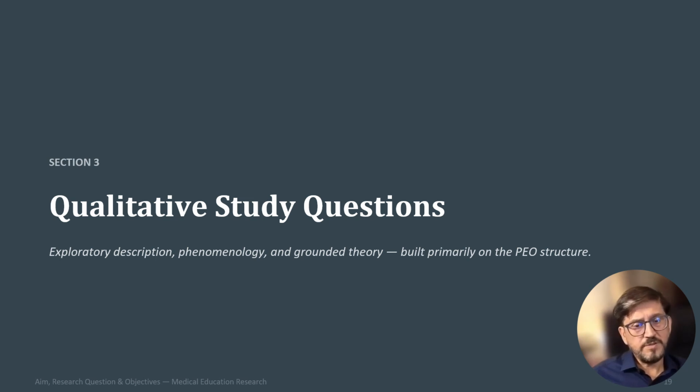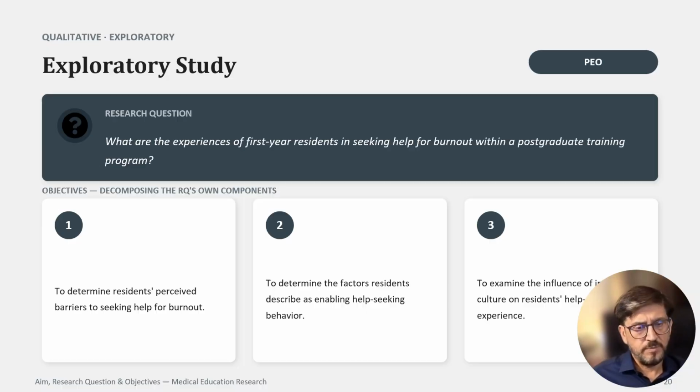Now, qualitative study questions are exploratory, descriptive, phenomenology, and grounded theory. So an exploratory study question is: what are the experiences of first-year residents in seeking help for burnout within a postgraduate training program?